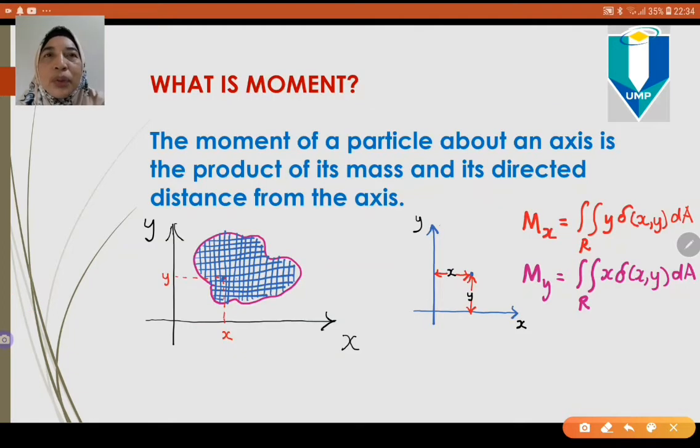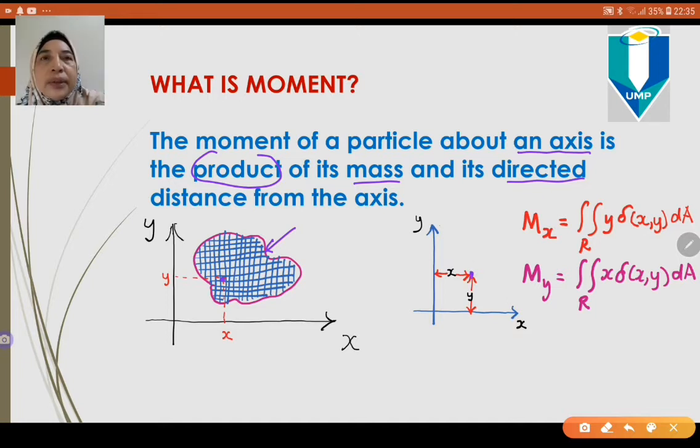Now I would like to explain what is the meaning of moment about the x-axis and moment about the y-axis. Moment of a particle about an axis is the product of its mass and its directed distance from the axis. If we imagine the lamina to be of that shape, you can divide the lamina into small parts and you have a particle here, let's say somewhere here.